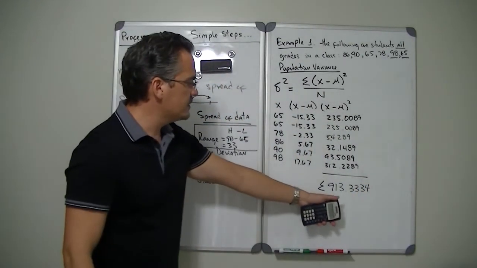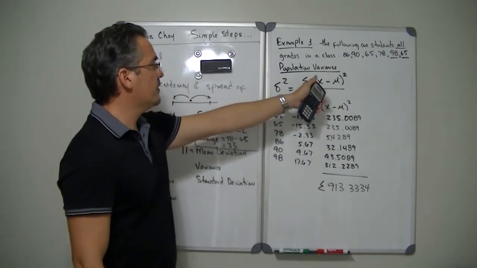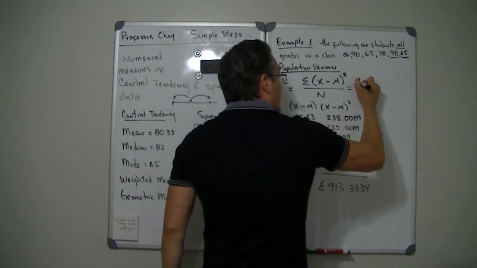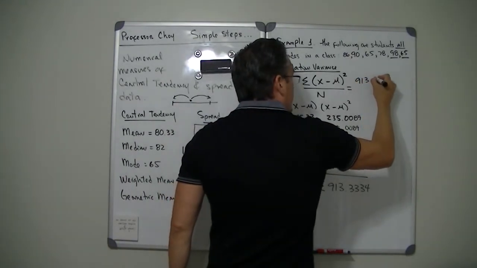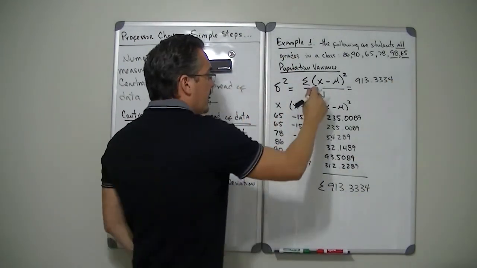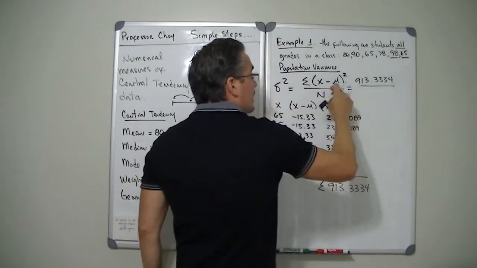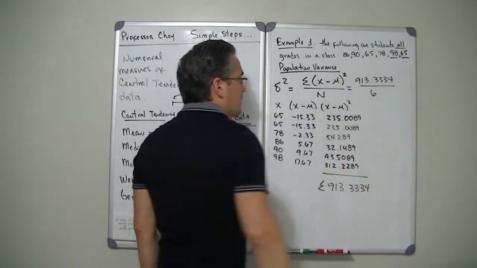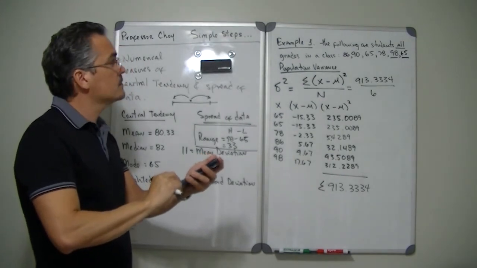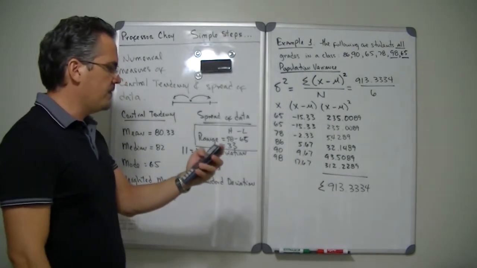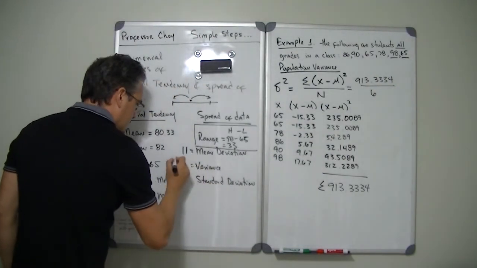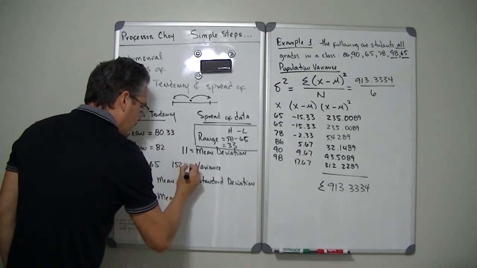That number goes in the numerator of this formula. Now we take that number and divide it by n, and n is 6, that's how many points we have in our data set. That number divided by 6 is 152.22. So our variance is 152.22.